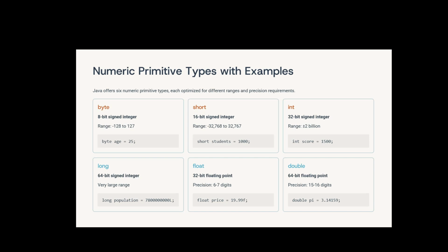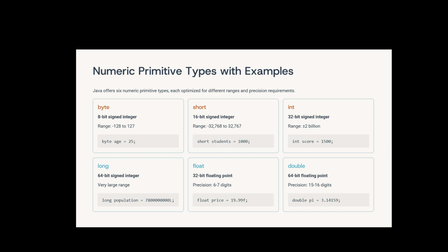What we must understand here is that all of these are numbers, but there is a difference in their ranges. Talking about byte, you can see the range is small, -128 to 127. Short is a 16-bit signed integer, a little larger. Int stands for integers in the 32-bit signed integer range.